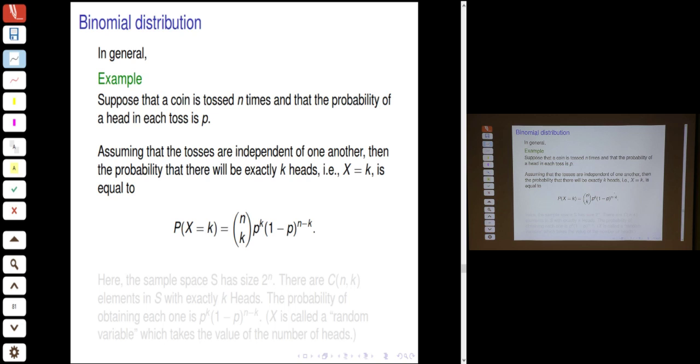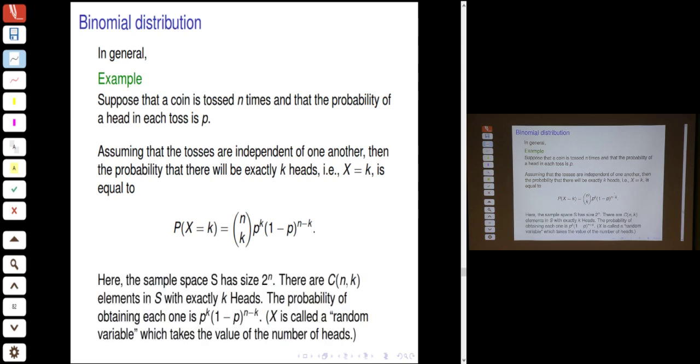First you locate where the k heads appear. There are n choose k possibilities, just like among the 5, you have 2 heads. Now in each of the items, you have exactly k heads, so the probability is p to the power of k, followed by the rest being tails, so the probability is (1 minus p) to the power n minus k.